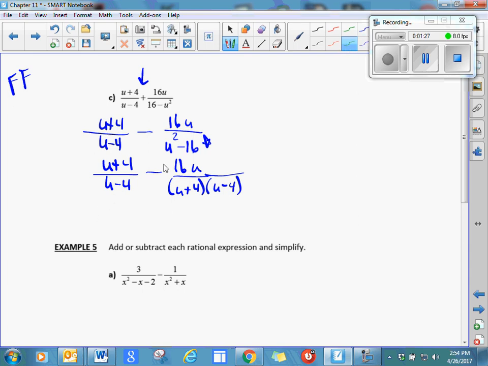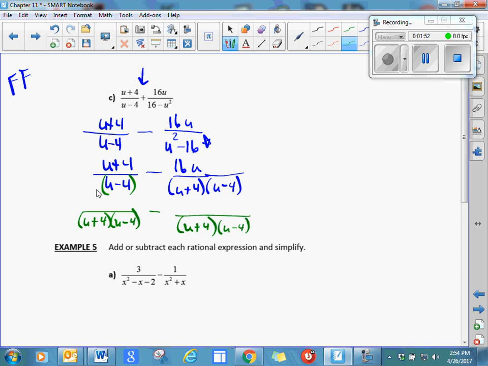Once you notice that, then you notice the similarity in looking for our LCD. We have a u minus 4, and we have one over here. We only need to write it once, but we also need a u plus 4 as part of our common denominator. So u plus 4, u minus 4 is going to be our common denominator.